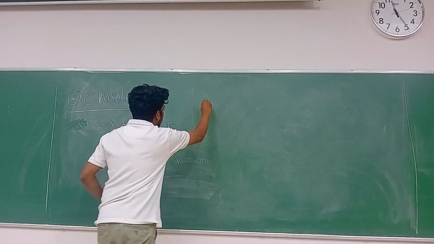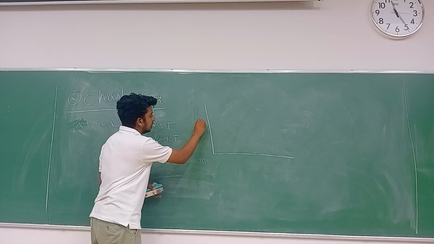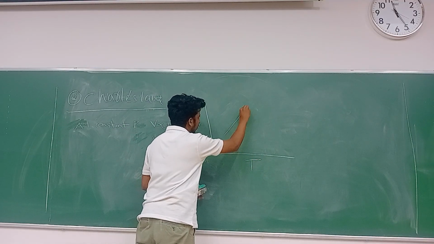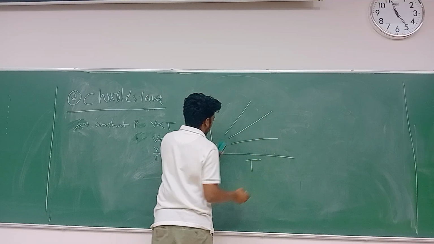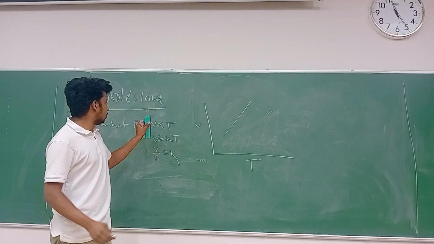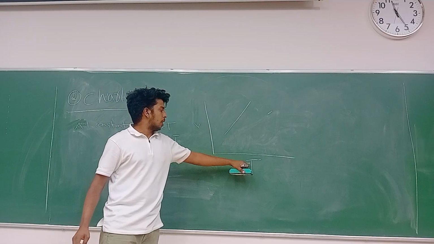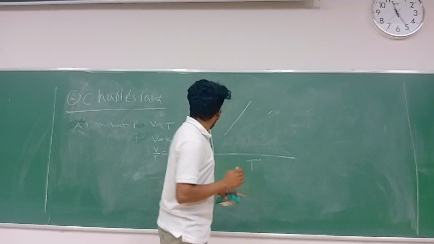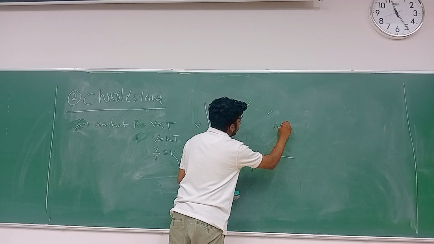Discussing the graph, we take volume on the y-axis and temperature on the x-axis, and we get a similar straight line. This is the graph of Charles's law, with volume on the y-axis and temperature on the x-axis, done at constant pressure. So this graph is known as an isobaric graph.